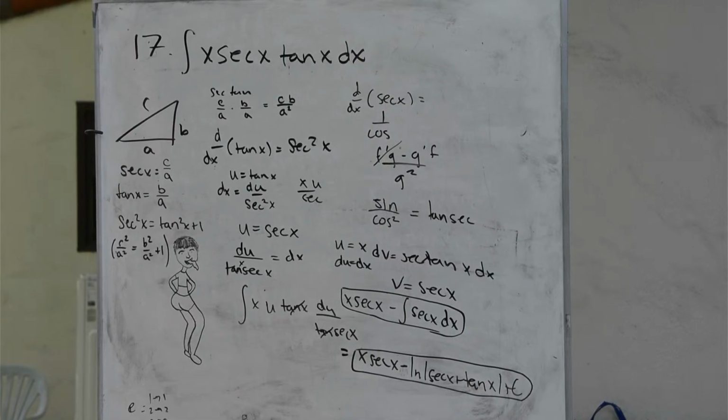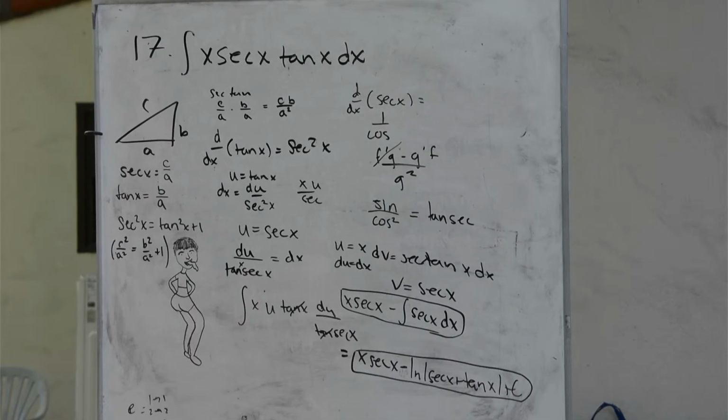All right, let's double check. Did I get it right? Yes, I did. I just needed the last little bit of help, which is looking that integral up. But for the most part, we did do it.